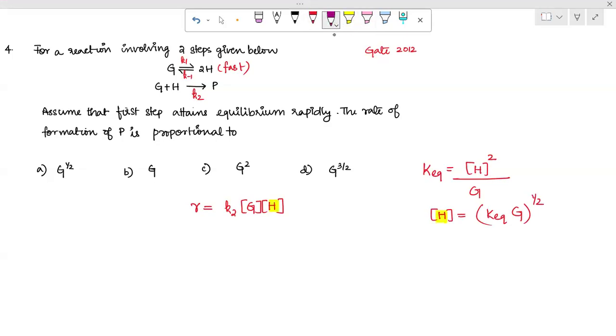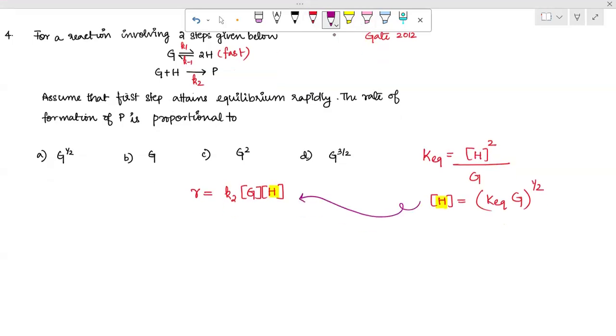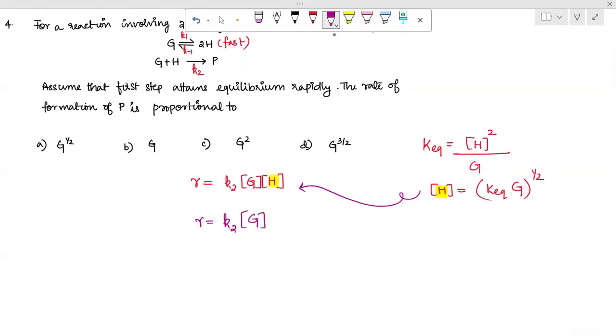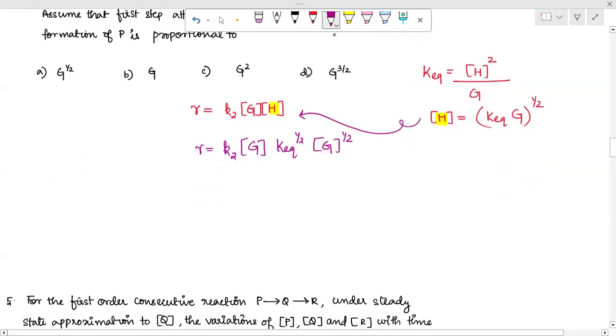If I put this value of H over here, what we get is rate is equal to K2 into concentration of G into K equilibrium to the power 1 by 2, G to the power 1 by 2. As a totality, you can write it as R is equal to K2, K equilibrium to the power 1 by 2.